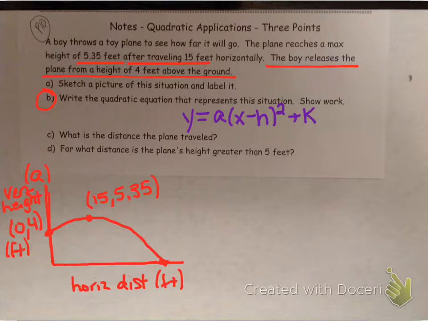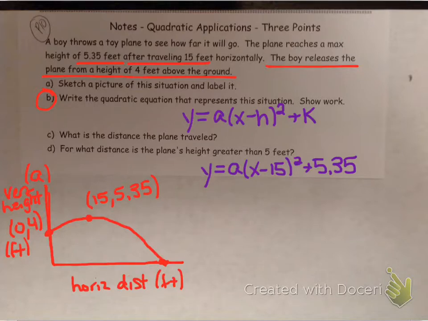Okay, and we know the vertex, so of course step 1 would be to plug in the vertex. So we plug in the 15 feet horizontally and the 5.35 feet vertically.